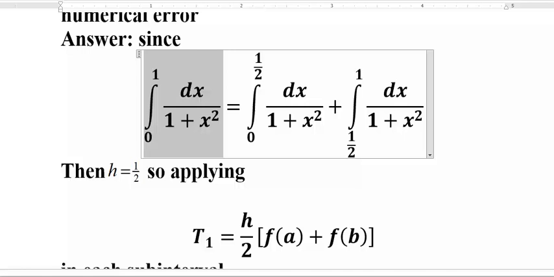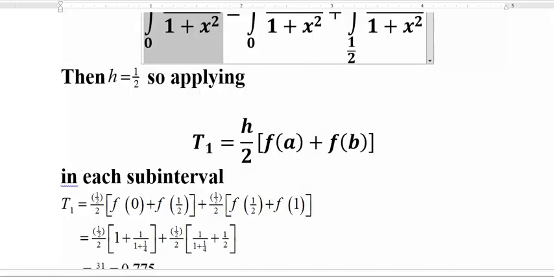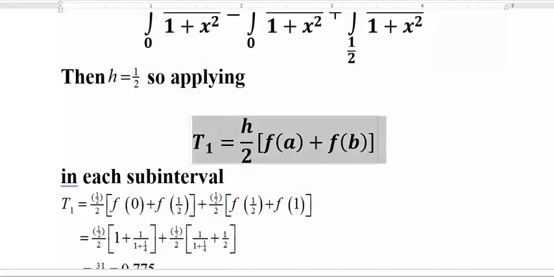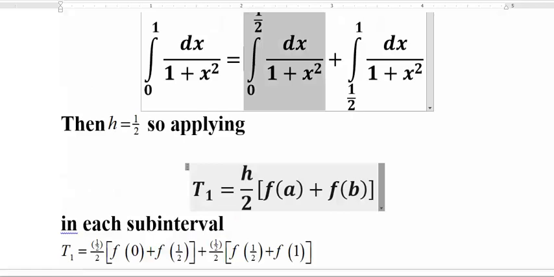If we do that, we shall apply the trapezoidal rule 2 times, one for the first integration and the second for the second integration.